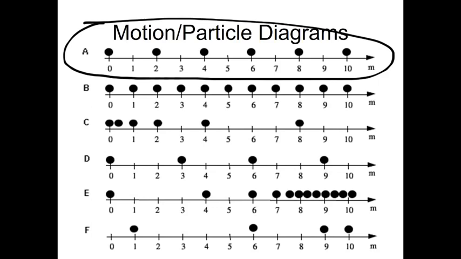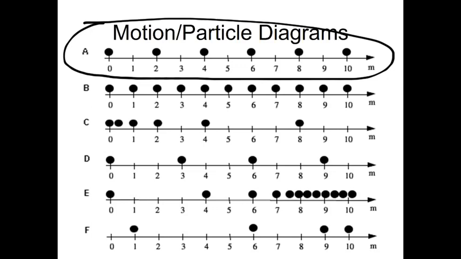So it changed its position, a change in position of 2 meters in 1 second. So that essentially tells you that it moved 2 meters in 1 second, 2 meters per second. From 2 meters to 4 meters, that change happened in 1 second as well.